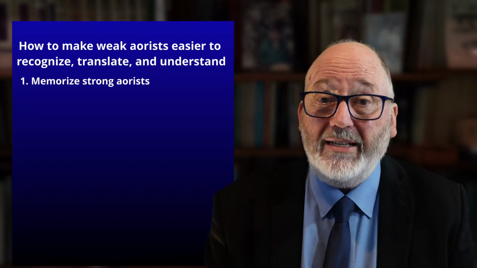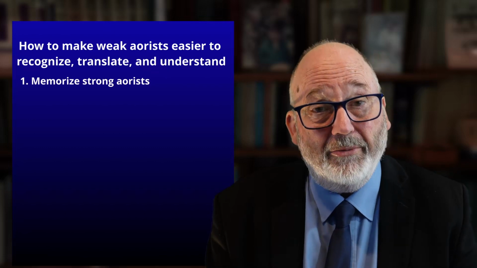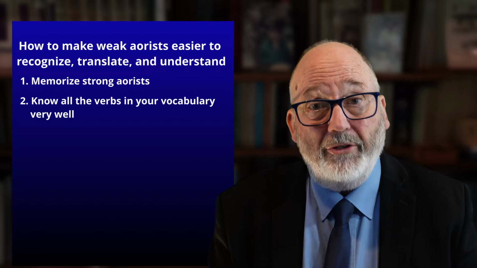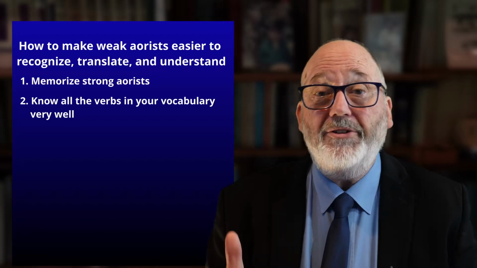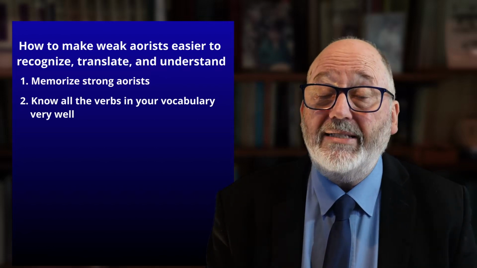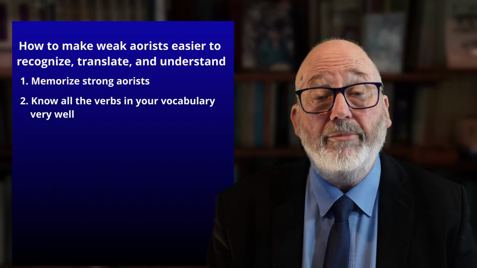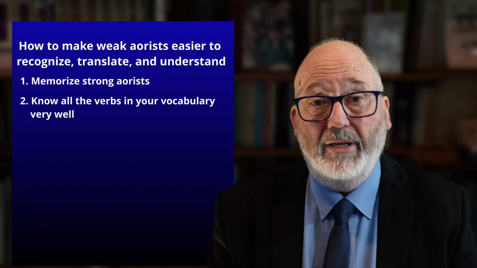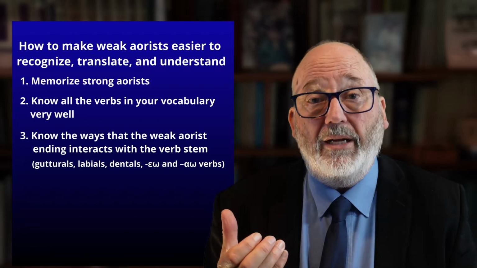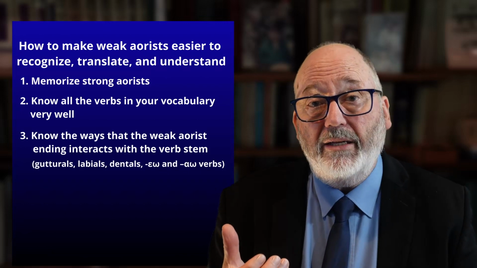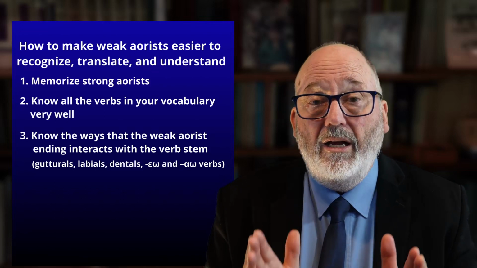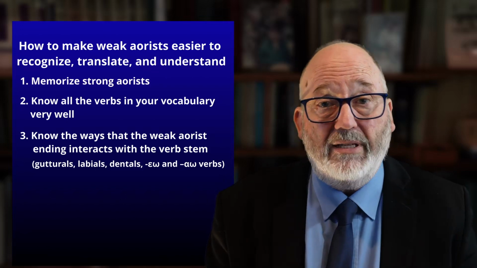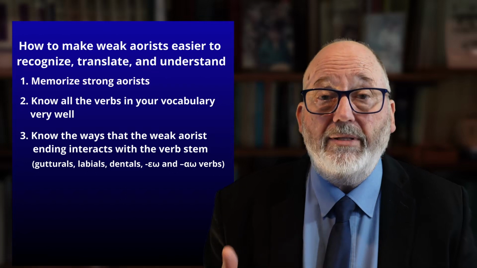Then you also need to know your vocabulary very well for all verbs. So you know both the strong aorist and the weak aorist, because things happen to weak aorists as they move from the present indicative to the aorist indicative. We have the sigma on the ending interacting with the last letter of the verb stem, if it's a guttural, a labial, or a dental.